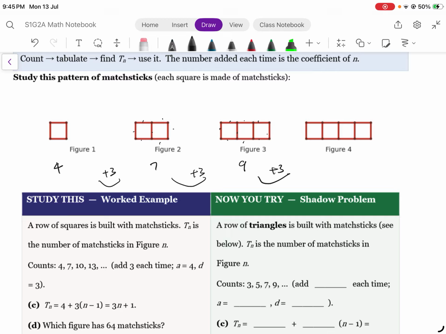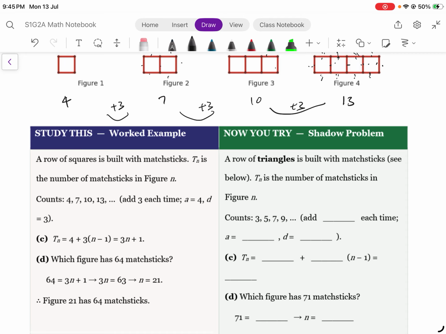Sorry, this should be 10, then this should be 13. So it's plus 3, plus 3, plus 3.